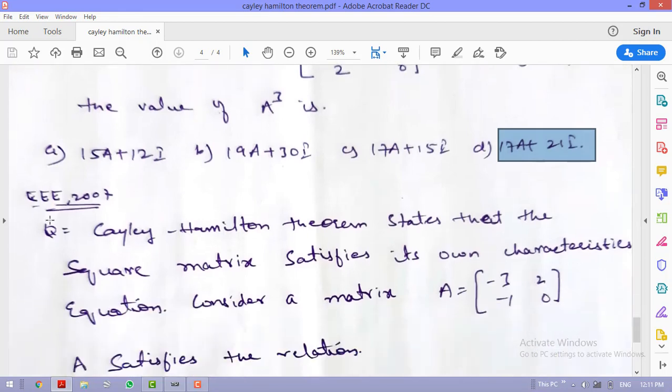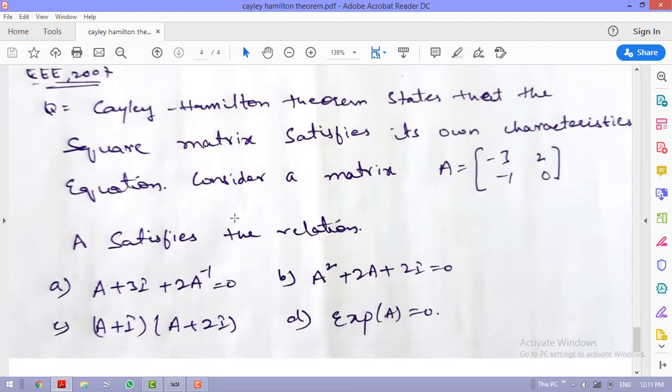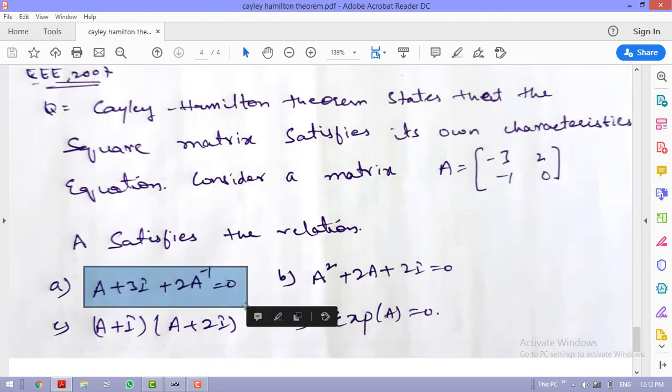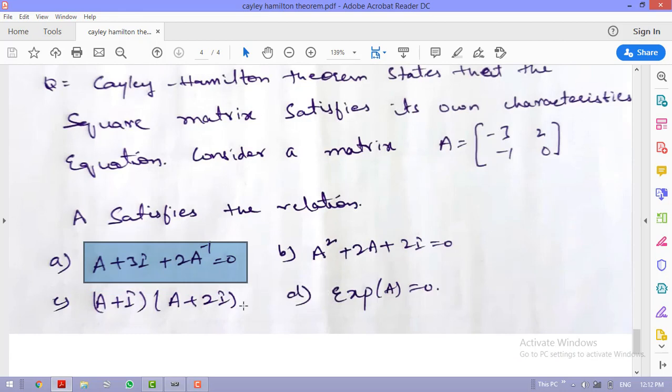And the next is 2007 EEE. Cayley-Hamilton theorem states that a square matrix satisfies its own characteristic equation. Consider a matrix A equal to -3, -1, 2 and 0. It should satisfy some of these relations. It's again very simple.